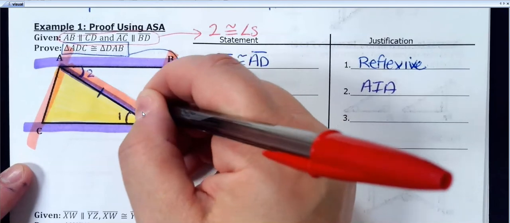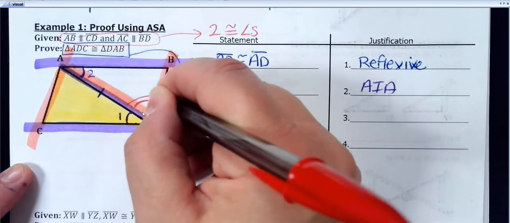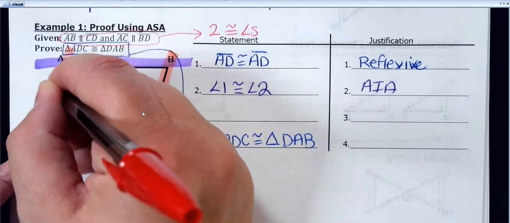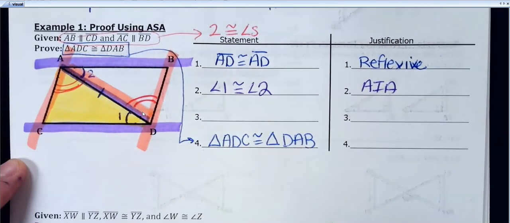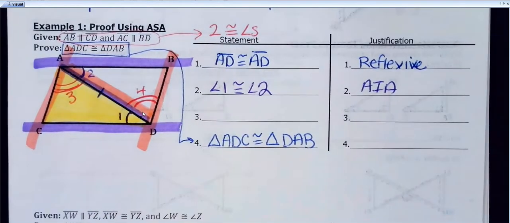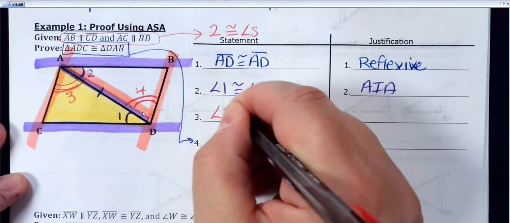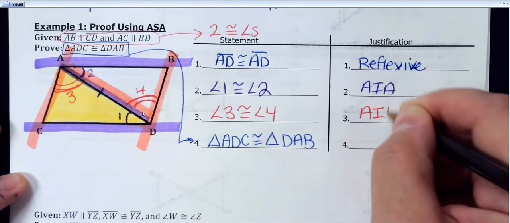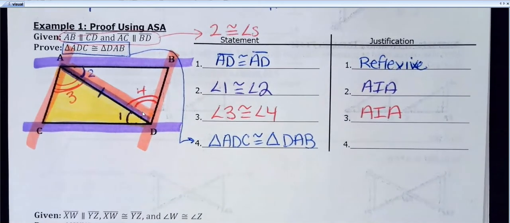Here, parallel line and transversal, this angle. Here, parallel line and transversal, this angle. I do have another set of alternate interior angles, but it's specifically because I have that other set of sides parallel to each other. I'll label those 3 and 4, but that's the same argument. So angle 3 has to be equal to angle 4. Also a set of alternate interior angles.